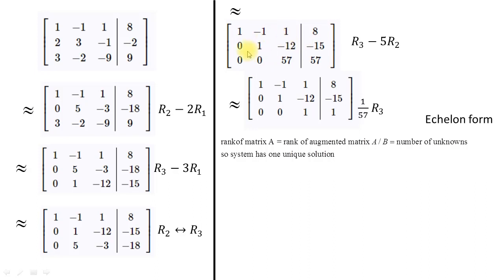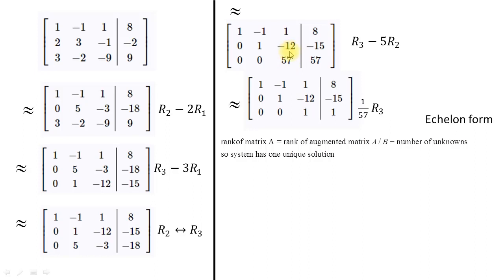These two rows, first row and second row, remain as they are. Now multiplying the second row by 5 and subtracting from R3, we obtain 0, 0, and 5 minus 5 we obtain 0.